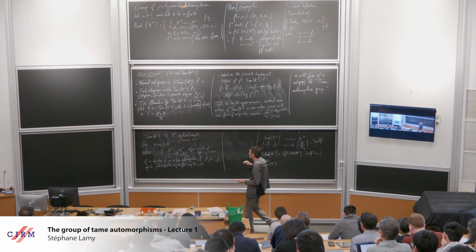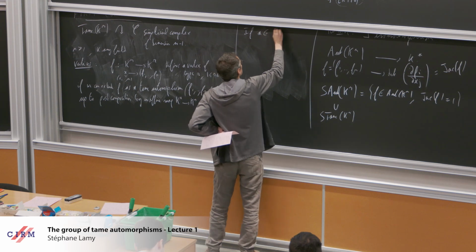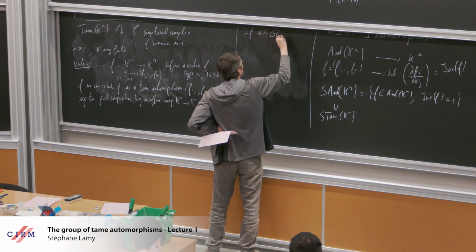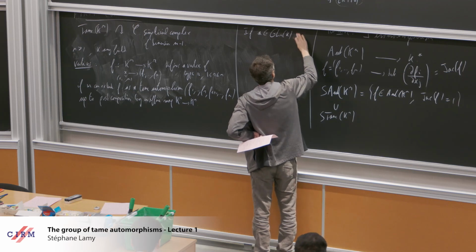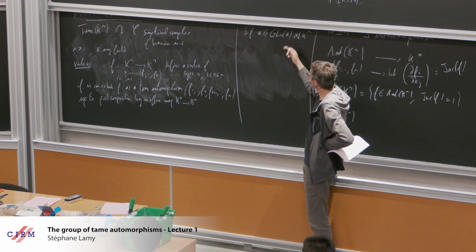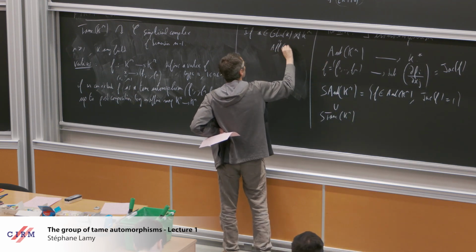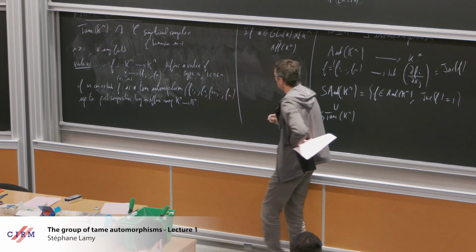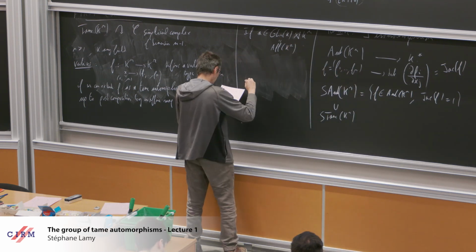So if A is in GL_r(K) together with translations, this is my affine group of K^r. If A is affine, I consider that F and F composed with A are the same.